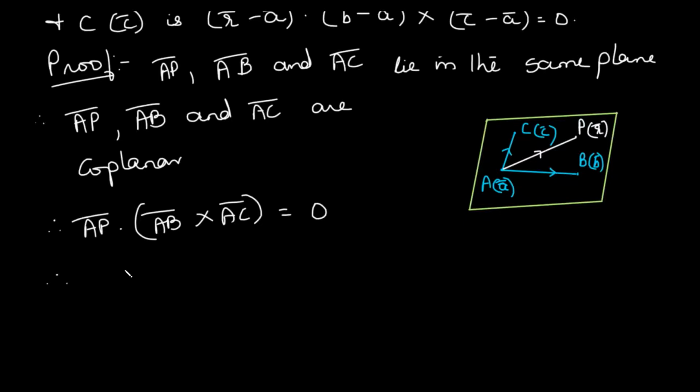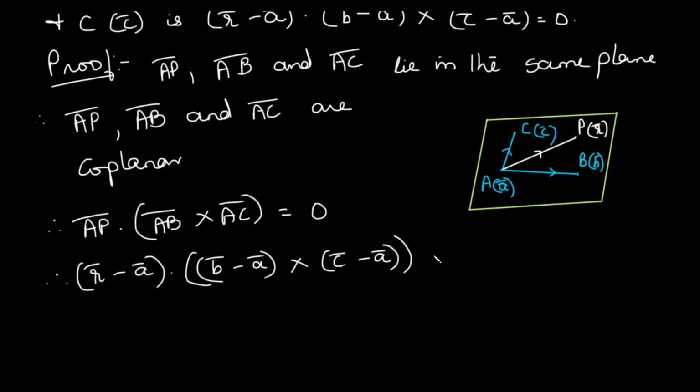Therefore, AP, the position vector of AP, is R minus A, dot AB which is B minus A, cross AC which is C minus A. So this becomes 0. And this is the required vector equation of the plane passing through three non-collinear points.